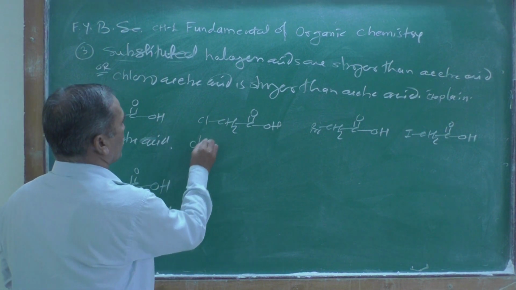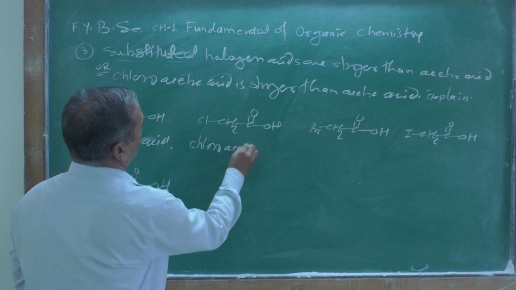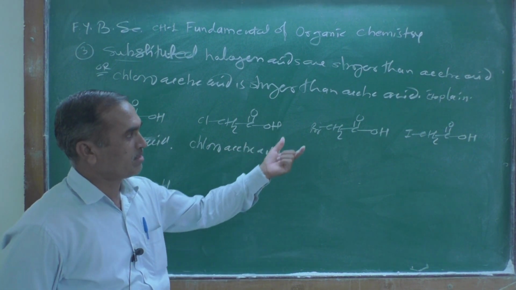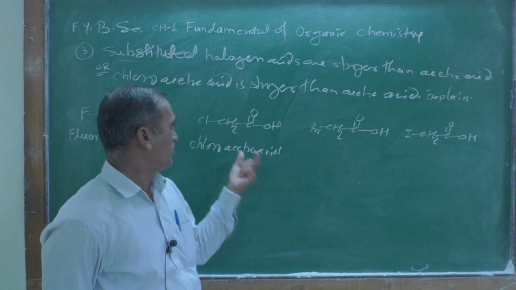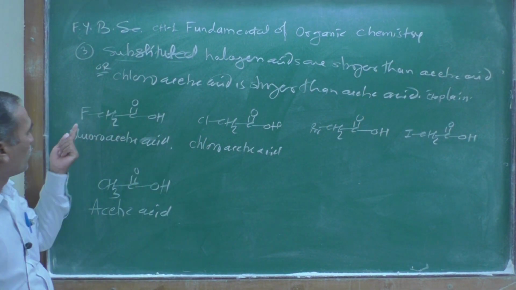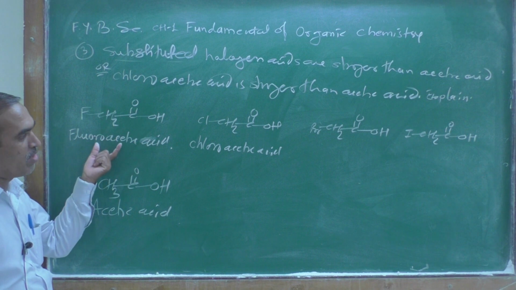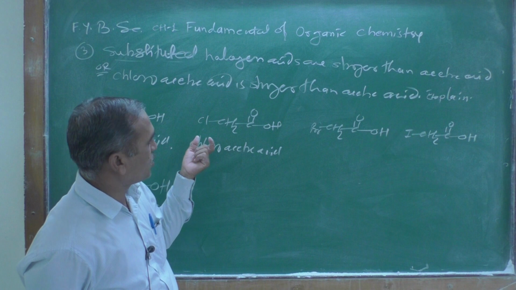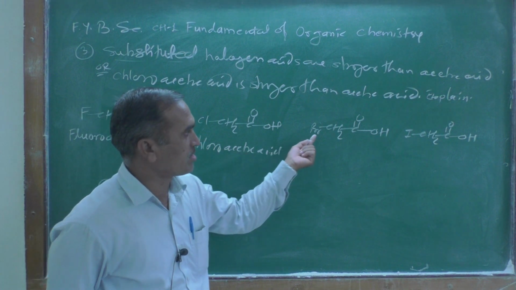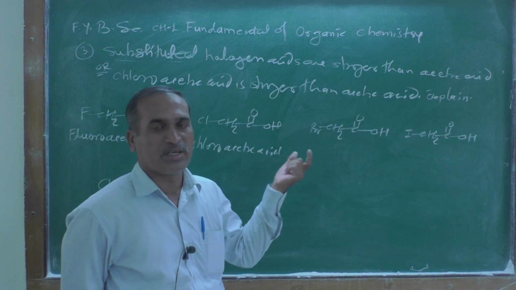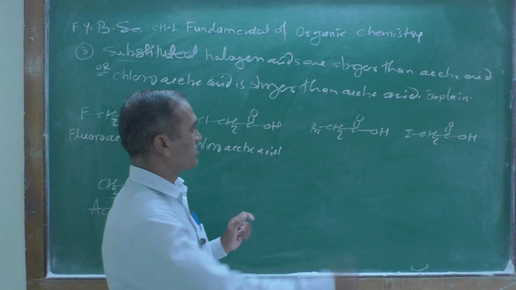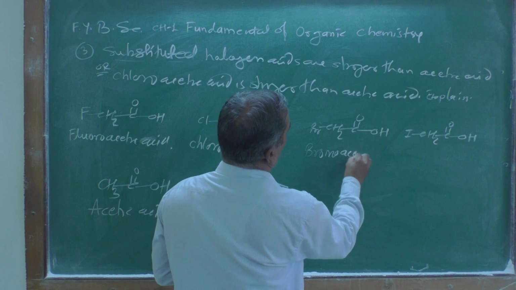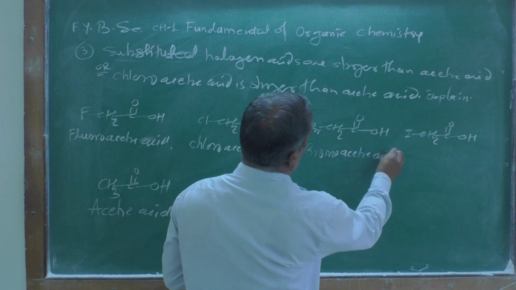This is chloroacetic acid. Now tell me the name of this compound. Here fluoro, so we call it fluoroacetic acid. Chlorine group is there, that's why we call it chloroacetic acid. Here is Br, it is bromoacetic acid.